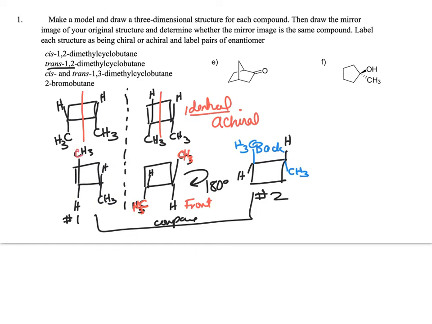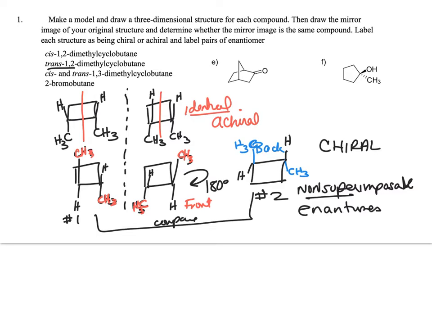This methyl is in front, this methyl's in front, and if you were to overlay these, and these are in back, you would see that they're different and they're non-superimposable. That makes them chiral. That means they do have mirror images that are non-superimposable, and this makes them enantiomers.